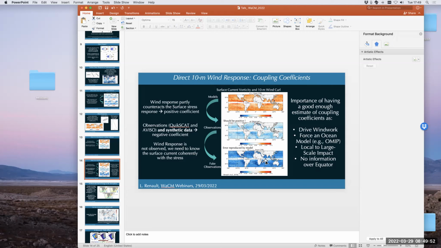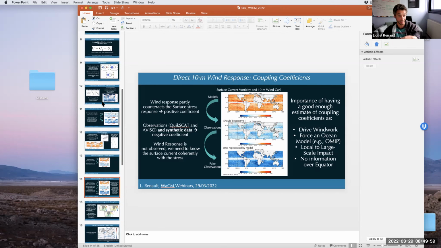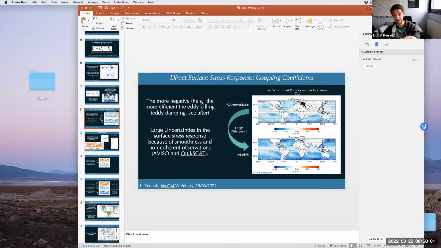Okay. But you cannot really validate the response to the surface current because in the observations, that's what I wanted to illustrate here. This is the coupling coefficient S2 estimated from the observations, ASCAT and QuikSCAT, and from the models. And you can see that we don't have the same strength. Maybe we have biases in the models, but we know that we do have large uncertainties in the observations, both ASCAT, which is very smooth, and QuikSCAT.